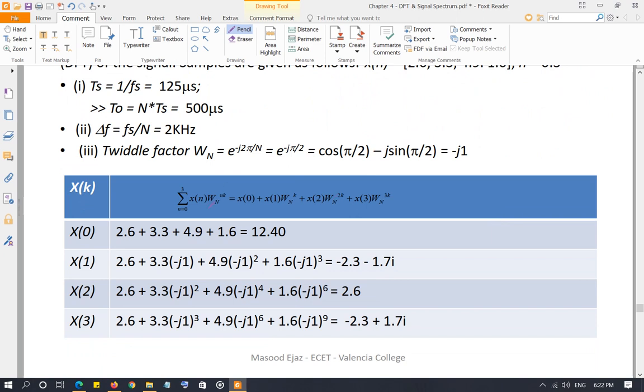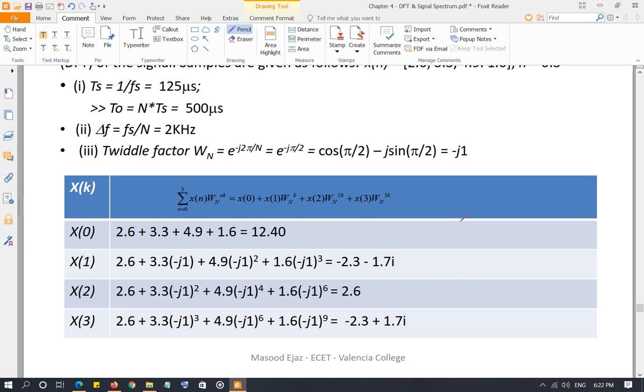So I'm going to use the formula of DFT like we discussed in example 4.1. Pretty much the same, except of course we are multiplying the D of k by capital N. So the formula is here.